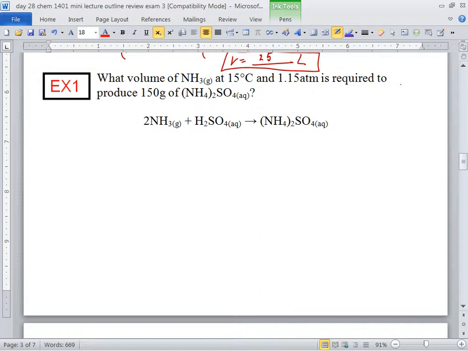Yeah, they collected over water. So your P is going to be too high.